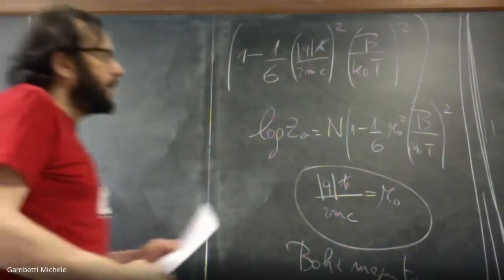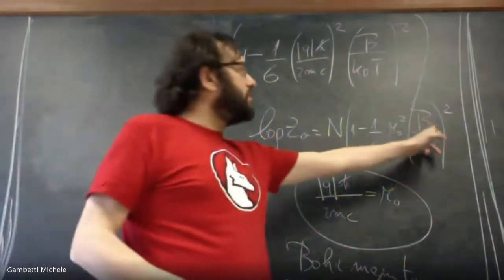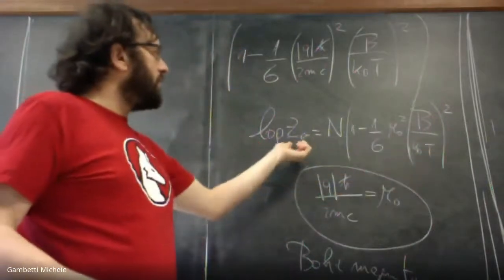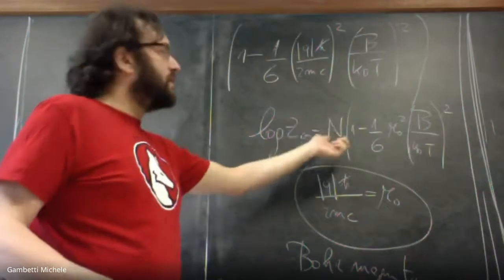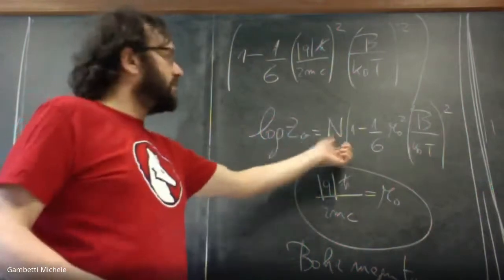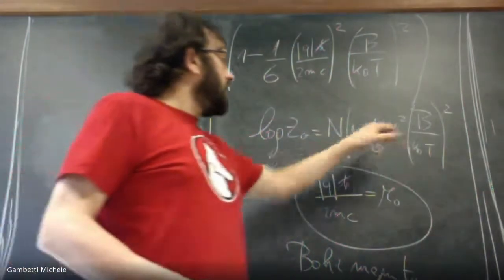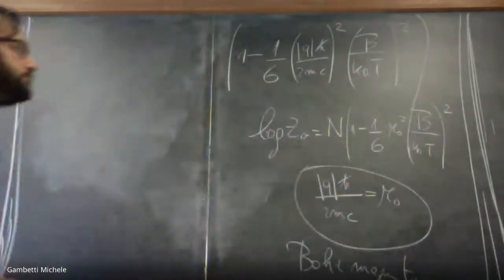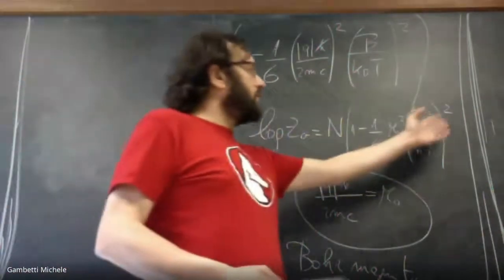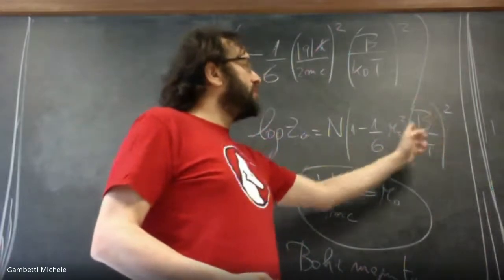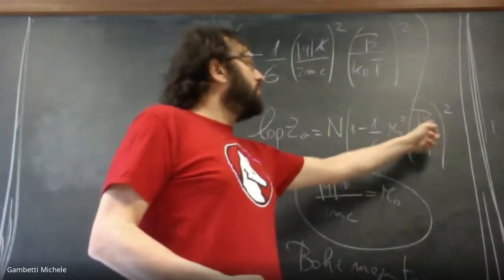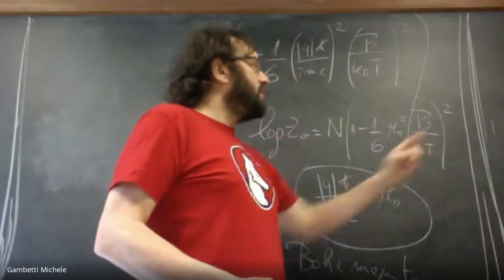Of course, when B is equal to 0, we discover again that the log of the grand canonical partition function is N, which is correct, and so this is a good check. And then there is the first order correction in B. One should say better that μ₀B divided by k_B T must be small.